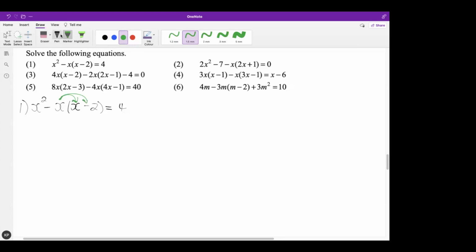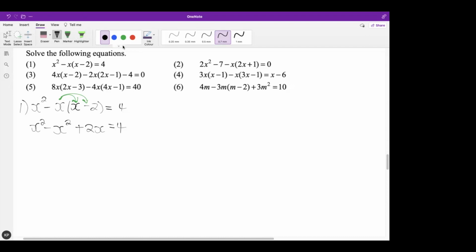Distribute my x. So then I have x squared minus x times x, which is x squared, and negative x times negative 2 plus 2x. And this is equal to 4.